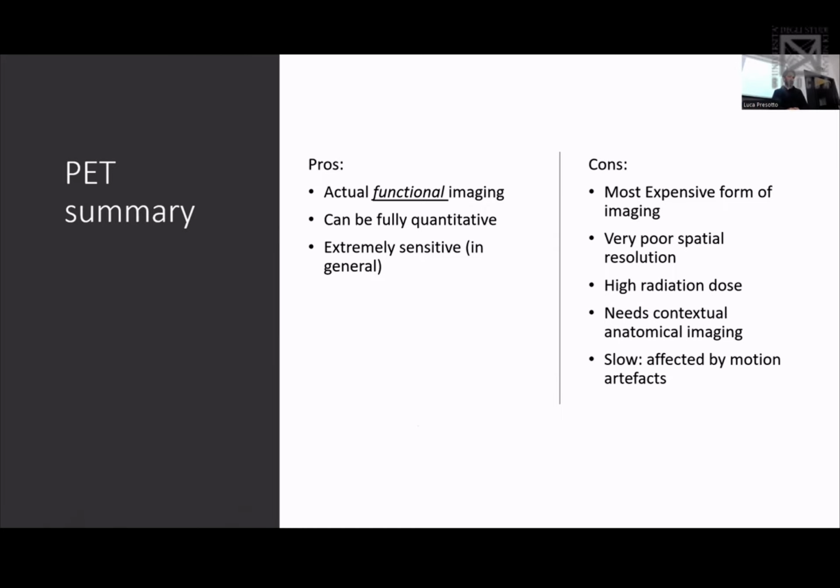The pro is that this modality is actual functional imaging. So we see what's happening in every organ, if the cells are active or not, dead, more active than they should be, or if some chemical receptor is present or not.